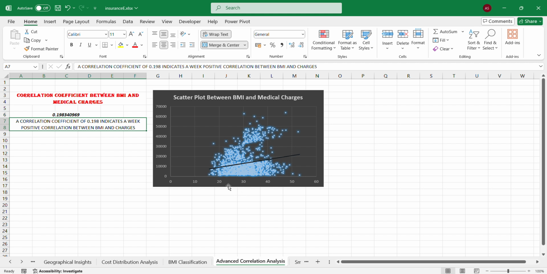And as you can see in this chart, some of the points are away from each other, and there is a peak which is slightly correlated.